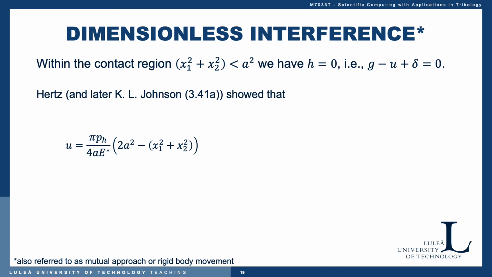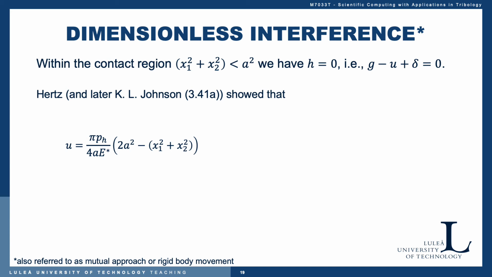So we have seen that the maximum pressure, the Hertzian pressure, can be obtained directly from the input parameters, and we have also seen that we can estimate the Hertzian radius, the contact size, a. We would also like to know what the interference between the surfaces is.